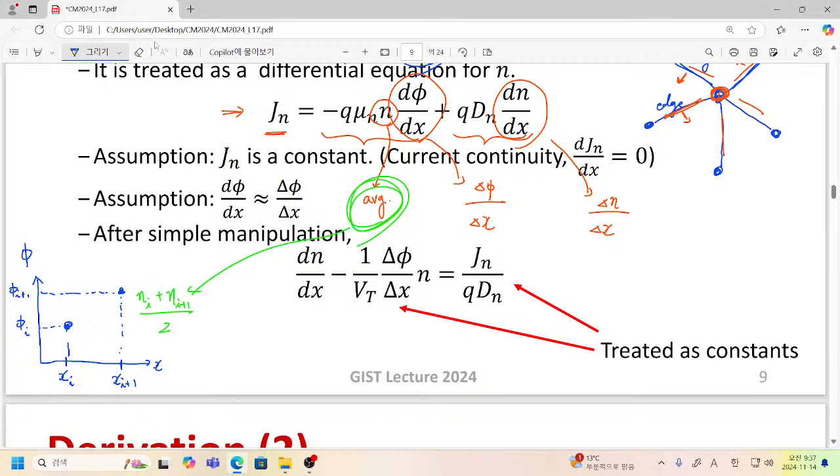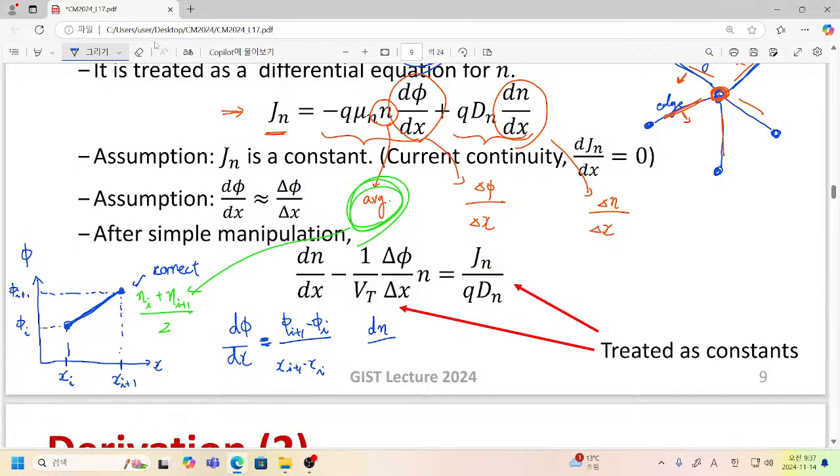Let's say that this straight line is the correct solution of our electrostatic potential. Good. So if we take d phi over dx, then our assumption, phi i plus 1 minus phi i over x i plus 1 minus x i, will be the exact answer. But even under this special case, our previous attempt really fails.